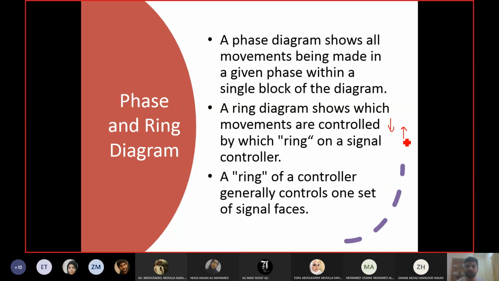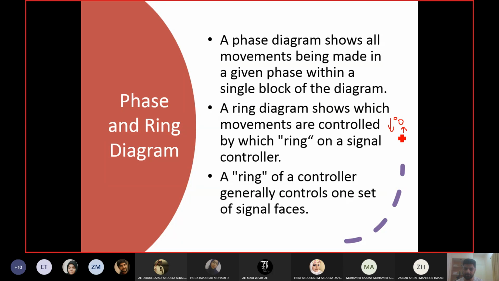Two straight movements can be allowed in one phase. But obviously this signal will be different from the signal shown to this direction, so you will have two signal controllers, two sets of lights. Basically, a signal controller means a set of lights. One is for this direction, the other one for this direction.